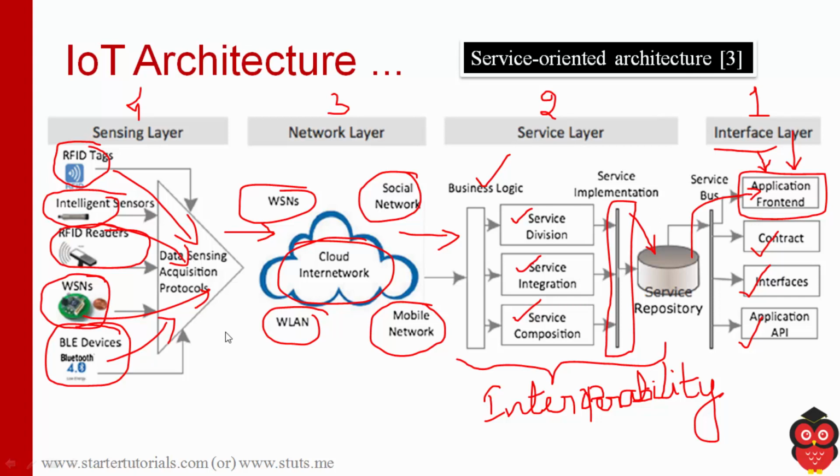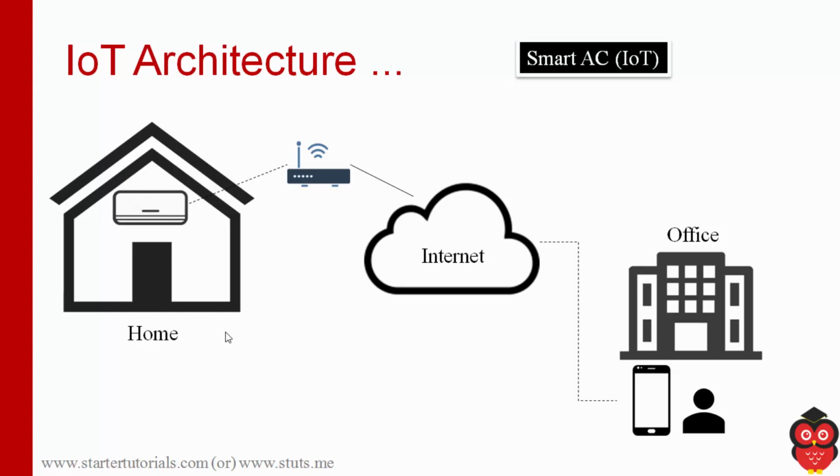Okay, irrespective of different companies and different developers and all these things, it provides a common set of services which can be accessed using a common set of syntax and semantics through the interfaces. Okay, so that is about service oriented architecture.